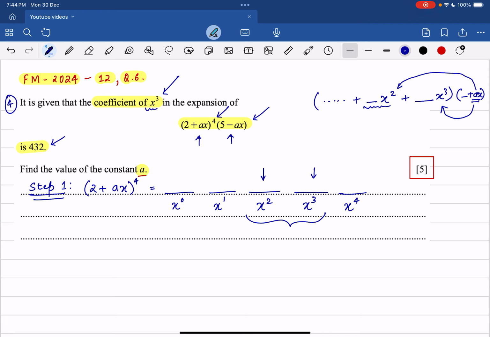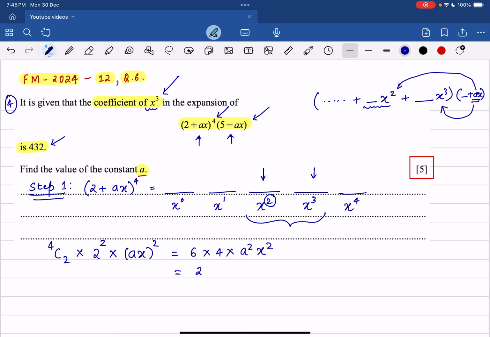So for x squared, how do we work this out? 4C2 times 2 raised to 2 times (ax) raised to 2. What is 4C2? 4C2 is 6, times 2 squared which is 4, and this is a squared x squared.